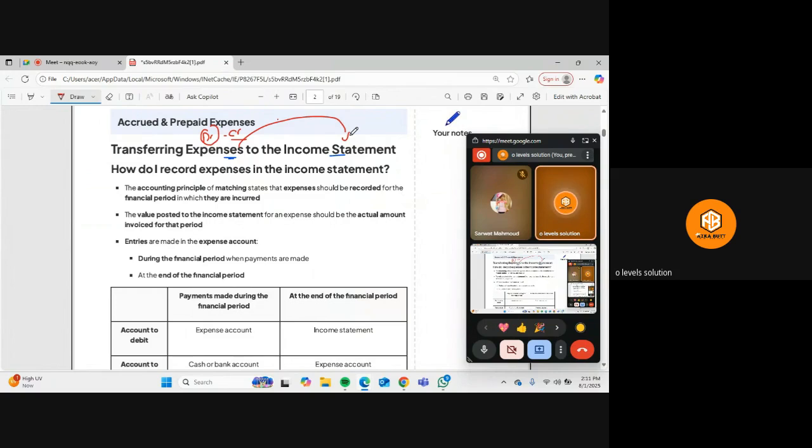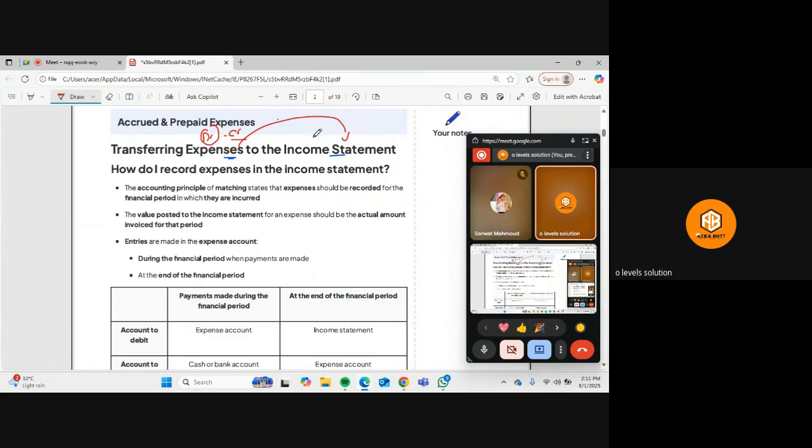It means that whatever balance you have in your expense account in one complete financial year, you need to transfer into the income statement, because we know that in the income statement we record revenues and purchases, opening and closing inventory, return inwards, return outwards, carriage inwards, carriage outwards, and then expenses, other incomes, these kinds of things.